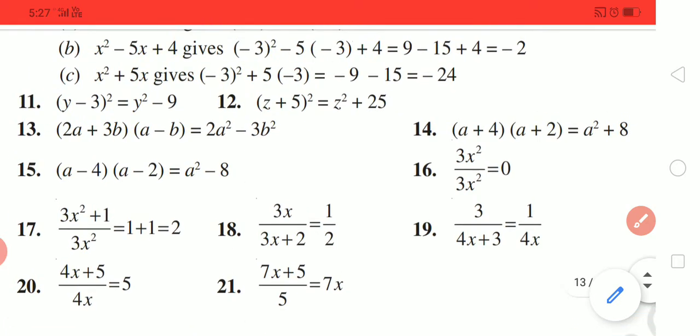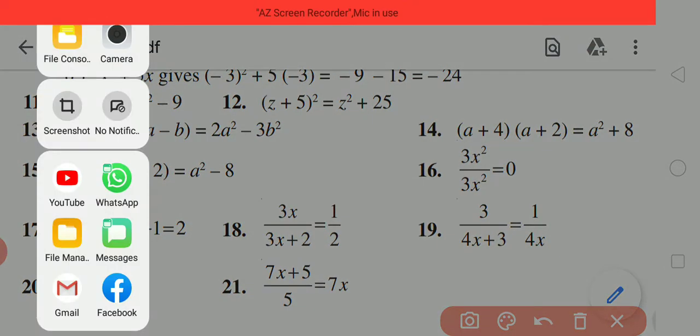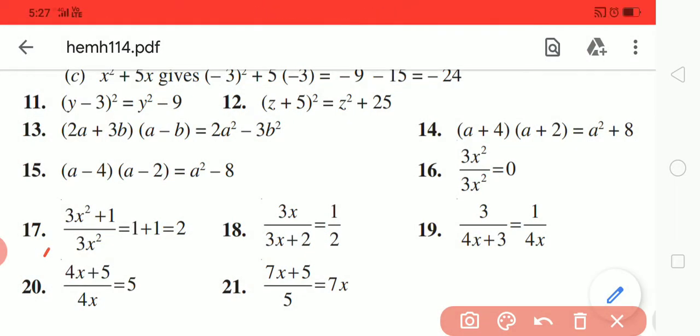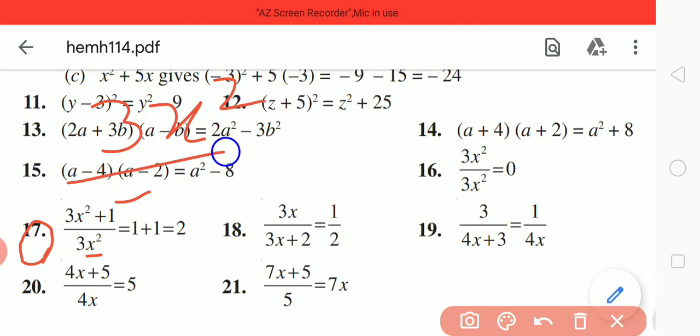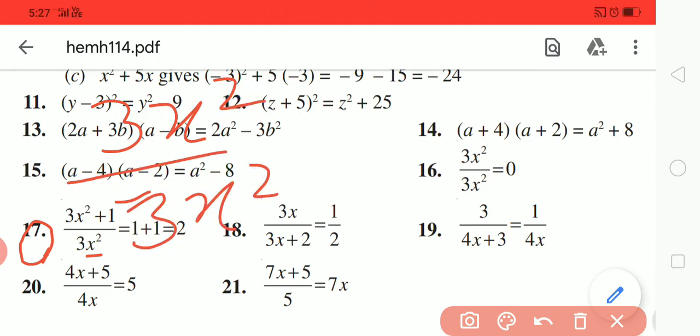Come to question number 17. Writing pattern, you know how to write, because you have done 10 questions earlier in the live class also. So here we have been given a binomial 3x square plus 1 divided by 3x square. A binomial cannot be cut by a monomial, so we will separate the terms here. So 3x square divided by 3x square, now 1 by 3x square.